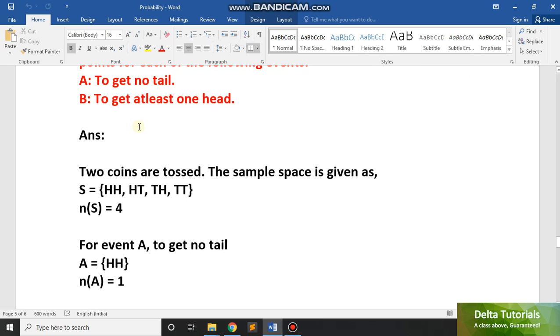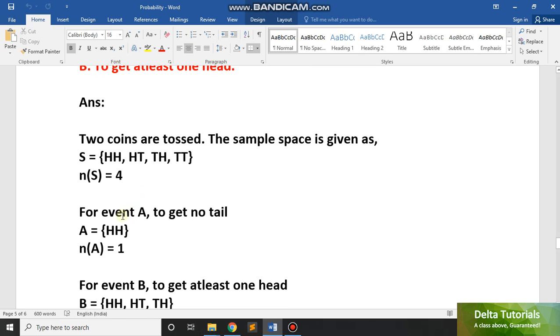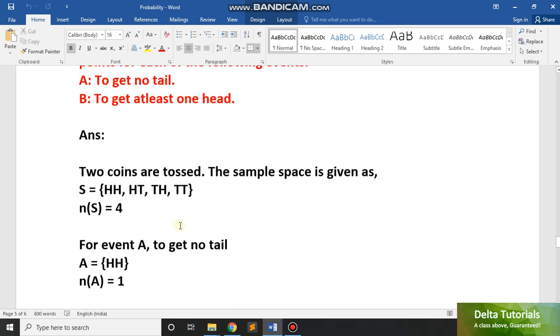Now whenever we read any event, we will go to the sample space and see which outcome has no tail. So as per it, for the event A to get no tail, we have only one outcome, HH, because in the rest of the three outcomes, either on the first or second coin, a tail is present.